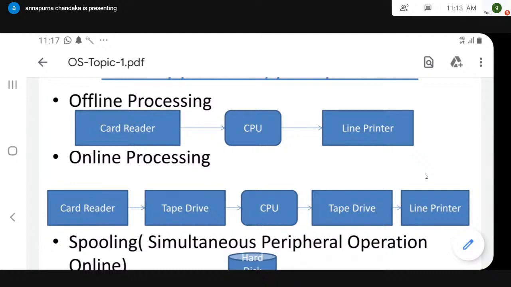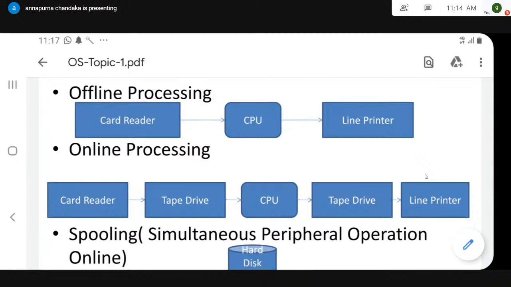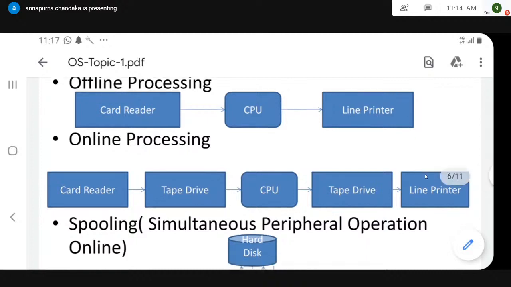Later on, they invented tape drives. Tape drives work faster than card readers. You have to note this point.